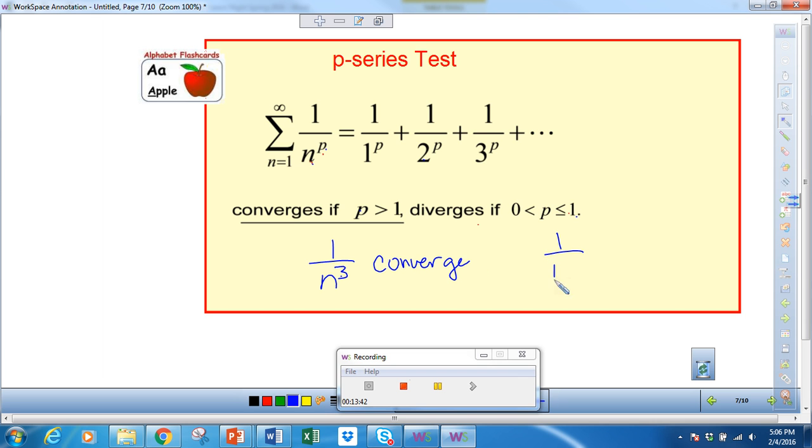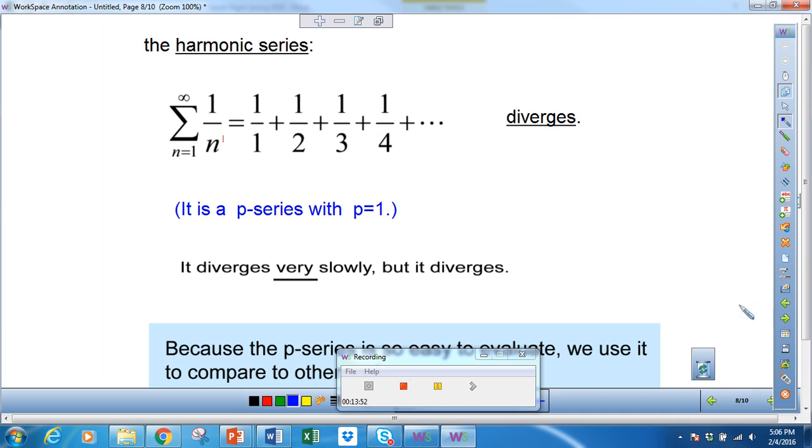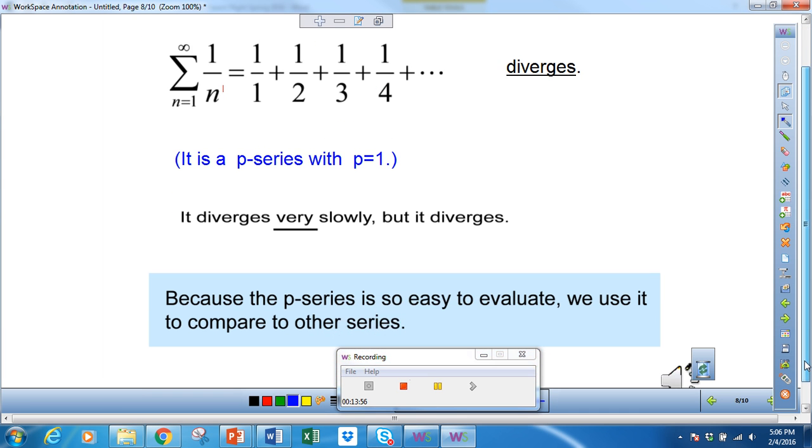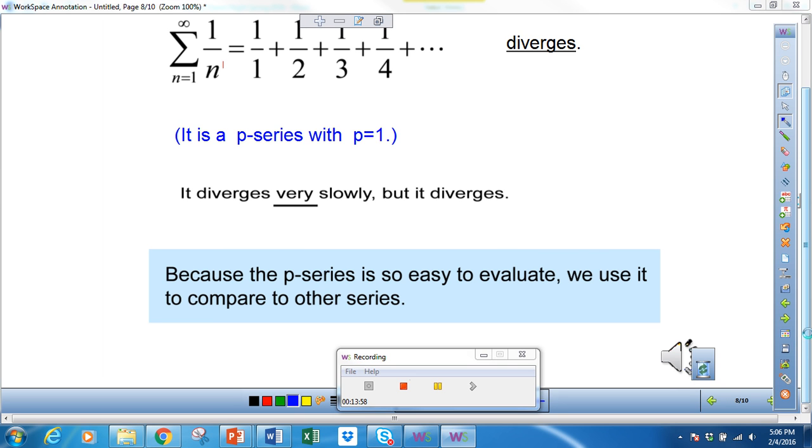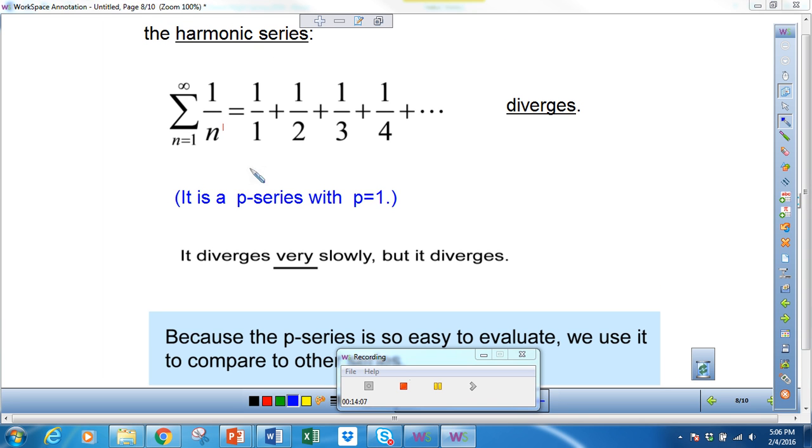Whereas 1 over n to the 1/2, where p is between 0 and 1, would diverge. This test is simple, but we use it a lot when we're looking at comparison tests, which we will talk about later. There's a special case called the harmonic series, and that's just 1 over n. It is a special case, but it does diverge, and it diverges very slowly.